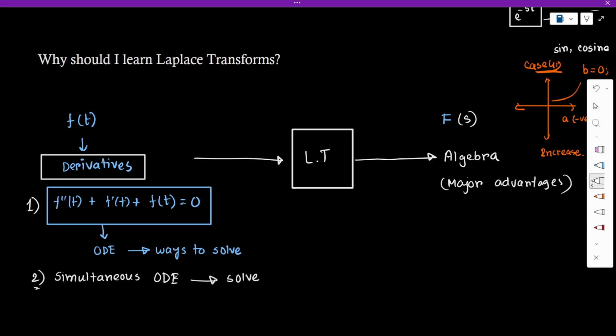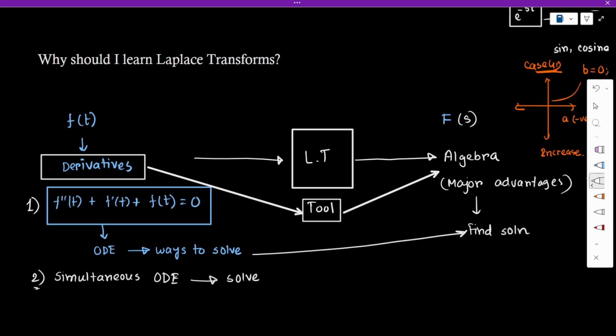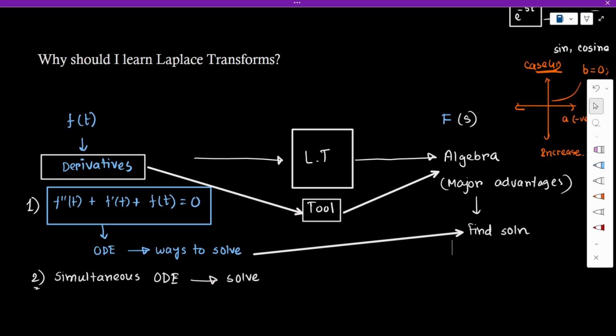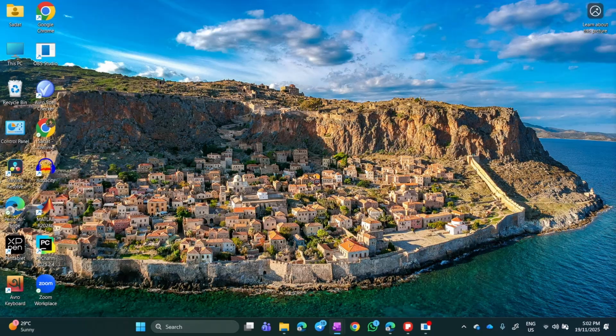So think of it as a tool. The Laplace transform is nothing but a tool to convert derivatives and complex derivative equations into algebra, where you can easily simplify the equations and find the solutions. So these solutions can be easily determined by using the Laplace transform. So this is one of the fundamental reasons that we should learn the Laplace transform.